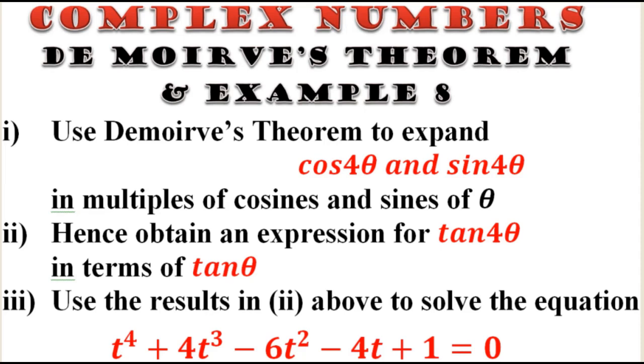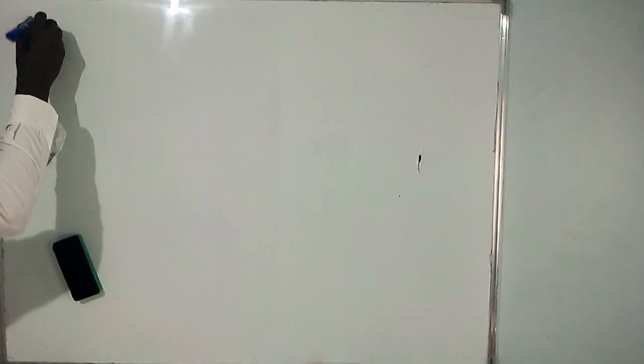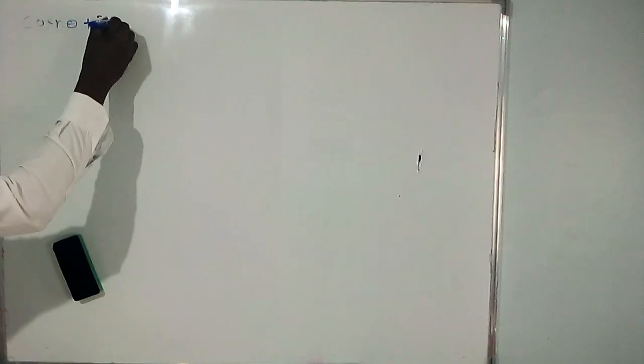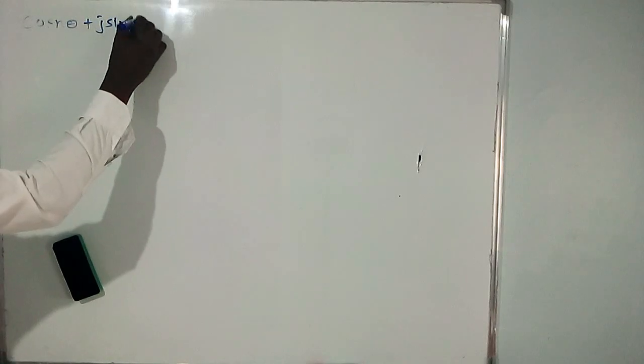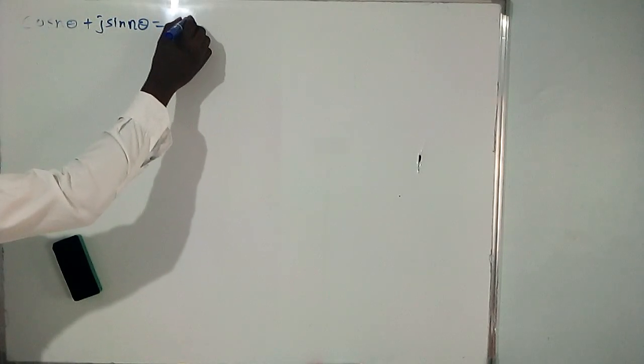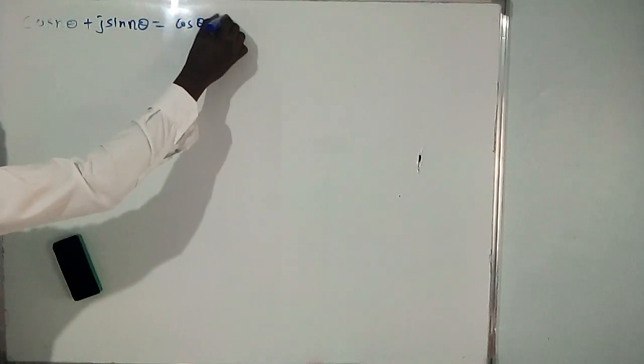Now, using De Moivre's theorem to expand trigonometric functions in terms of powers of sines and cosines is very simple. If we have cos nθ + j sin nθ equals (cos θ + j sin θ) all raised to power n, then when n is 4, we will have cos4θ + j sin4θ equals (cos θ + j sin θ) all raised to power 4, isn't it?